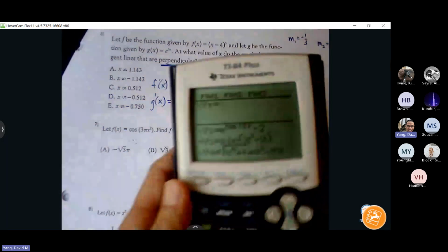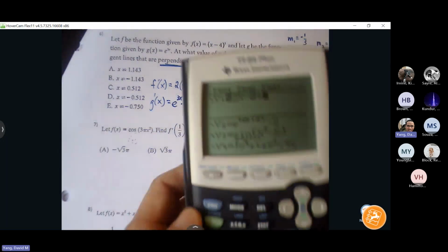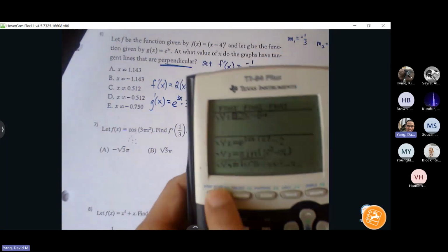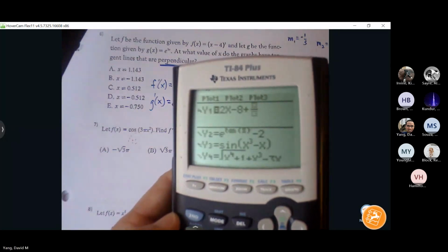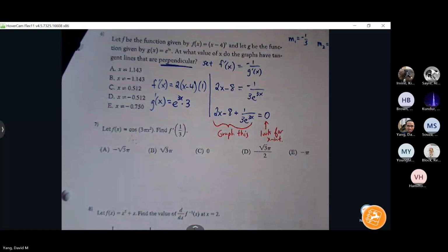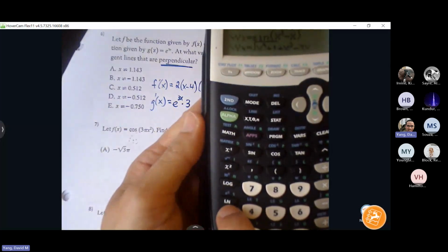So here's y1. I have 2x minus 8 plus, I'll do alpha y equals to get that fraction there, 1 over 3 e. E is inside natural log there, ln.